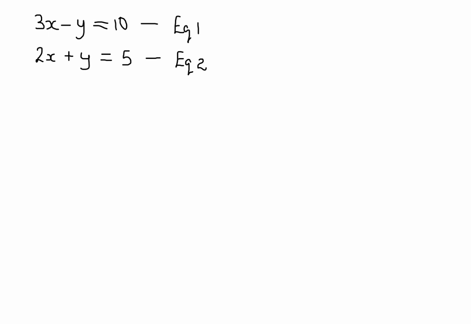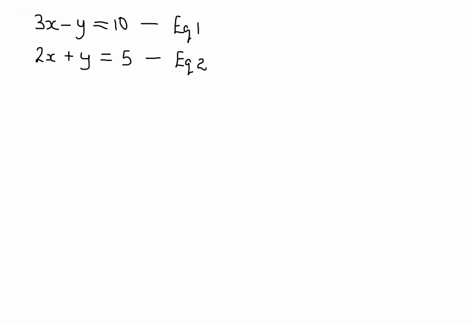And what I do in a case like this is I'm going to need the LCM of these coefficients, where I'll bring both my coefficients to one of the common multiples of those two numbers. So my LCM is going to be critical here, so I need to know how to find LCM. Now, my LCM for 3 and 2 is 6.